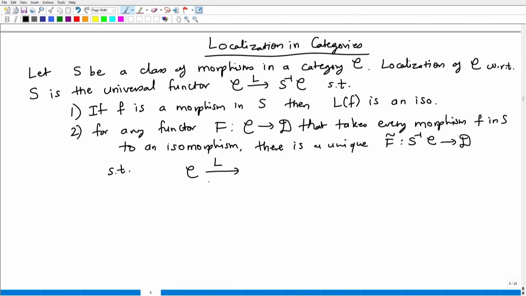Obviously, this is L, this is F, and this is D, and this is S inverse C, and there exists a unique F tilde such that this diagram commutes.